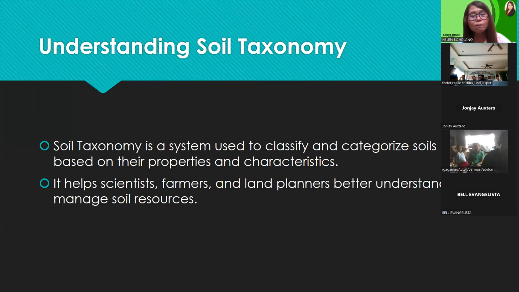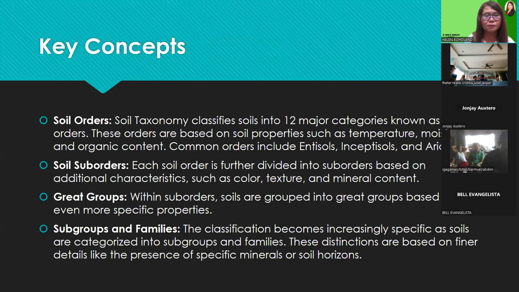Because it's not only good that you have a wide lot, or a lot of properties, but you do not know what to do with that. So it is also important so that we'll be able to manage very well. So we need to know the taxonomy of soil.